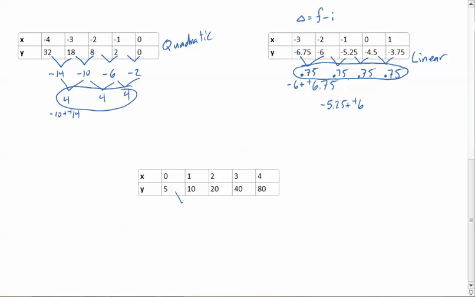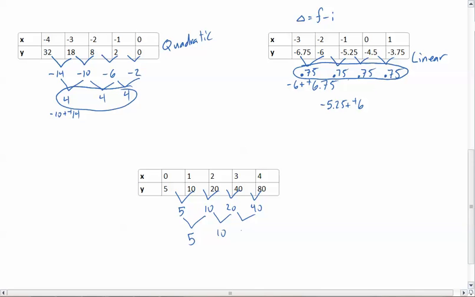Okay, let's look at the next set. So here we go. 10 minus 5 is 5. 20 minus 10 is 10. 40 minus 20 is 20. And 80 minus 40 is 40. So the first differences aren't the same. You could even go to the next row, and I think you would see that it's still not the same.